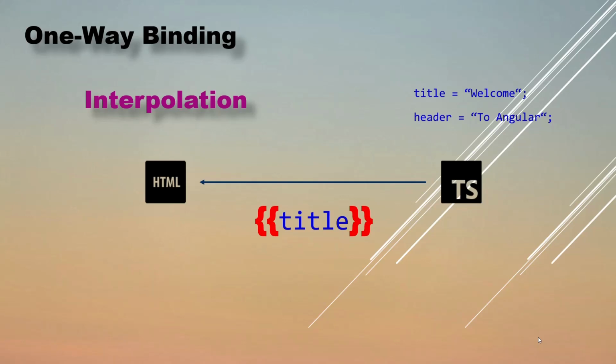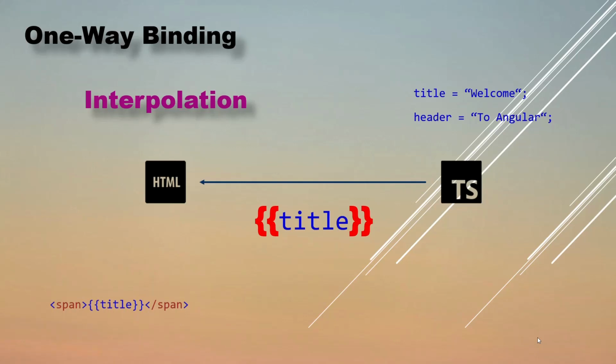We need to use double curly braces, and inside that we write the variable name. Once the compiler checks the double curly braces, it will look for that variable in the TypeScript instead of the HTML.